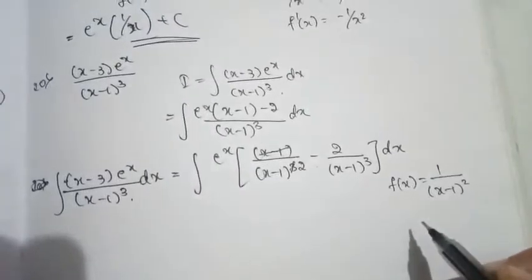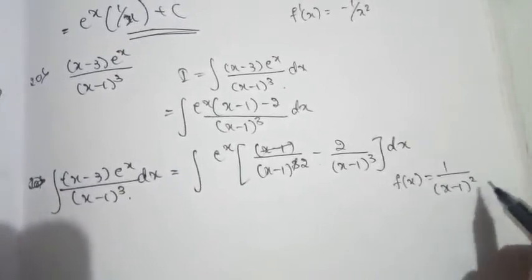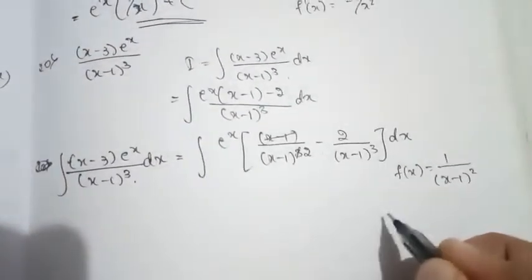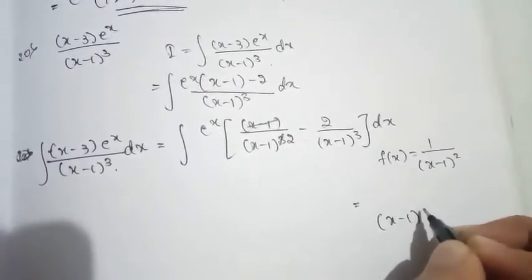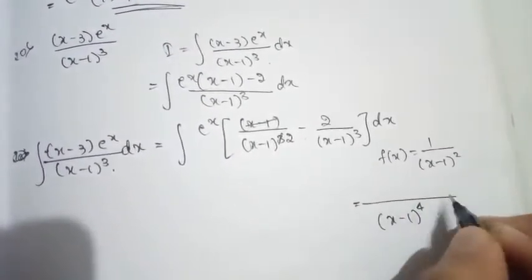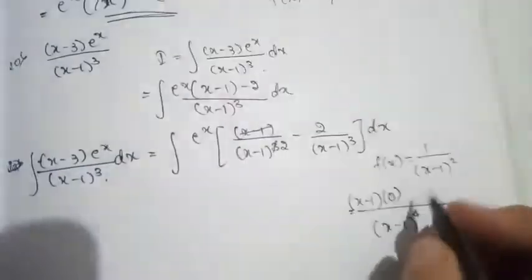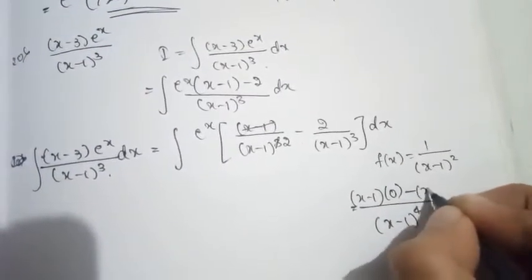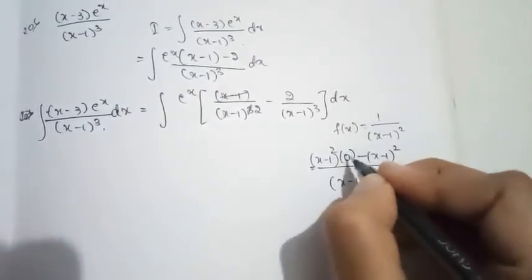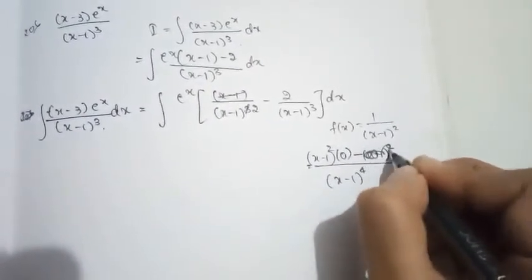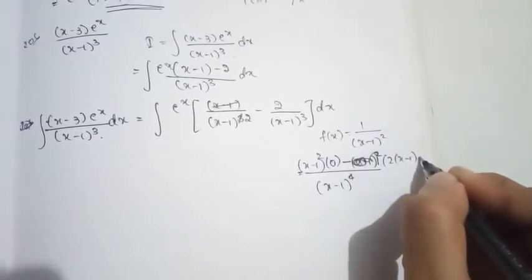If I differentiate this one, that is 1 divided by (x minus 1) whole square, what I am going to get as per the quotient rule is (x minus 1) to the power 4 in the denominator. In the numerator: differentiation of the numerator, which is again 0, minus (x minus 1) whole square into 0, and the next is 1, differentiation of this one is what? 2 into (x minus 1) into 1.